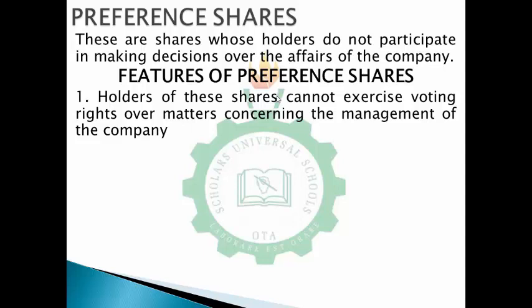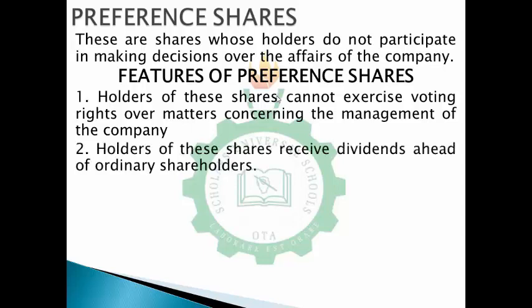They cannot exercise voting right over any matter. Another feature of preference shares is that holders of these shares receive dividends ahead of ordinary shareholders. This is where the word preference comes in. The company is under obligation to settle them first before ordinary shareholders.